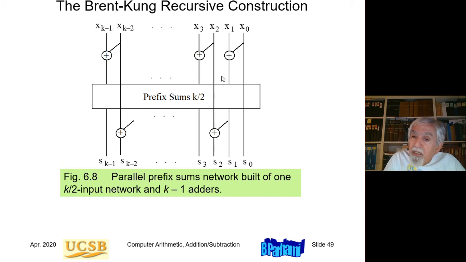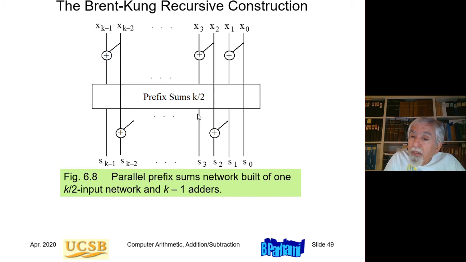So half of these lines connect to that box, and these are prefix sums computed based on those numbers, each of which is the sum of 2 numbers. So basically the first output of that box will be x0 plus x1, which is the first input of the box.